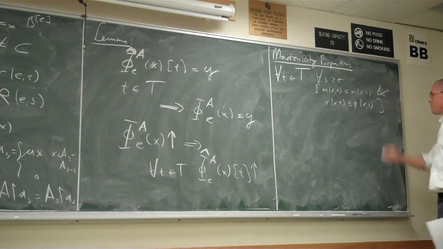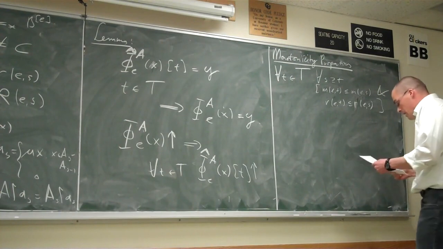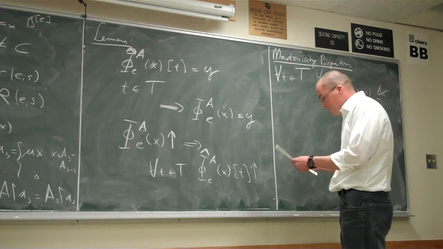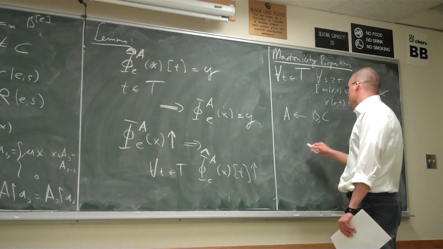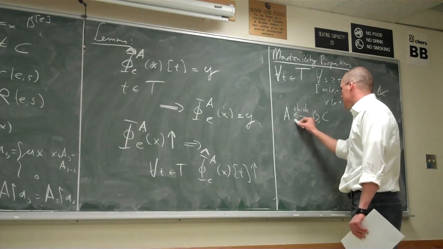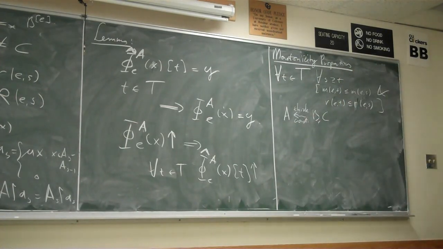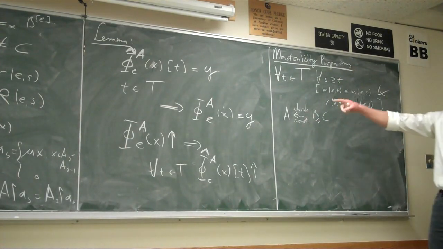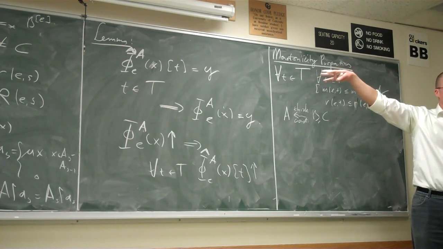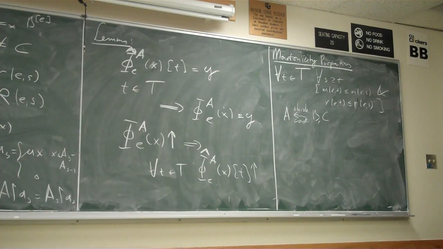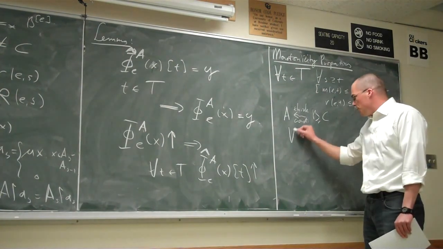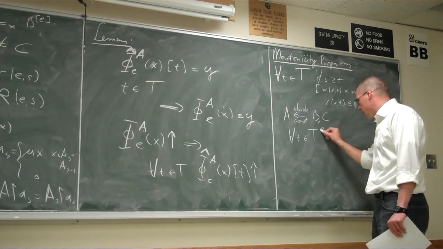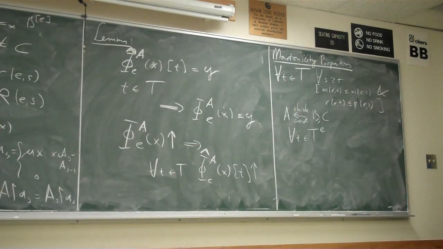So this is more than anything a warm-up to the next lemma, which is the second monotonicity property, which says that if A, let me be very brief, is constructed from B and C by the thickness construction, if A is in fact obtained from B and C by the construction we've described before, then more is true, because then we can say for every T_e true stage, so what is a T_e true stage?